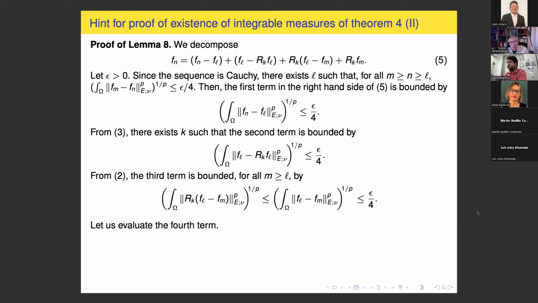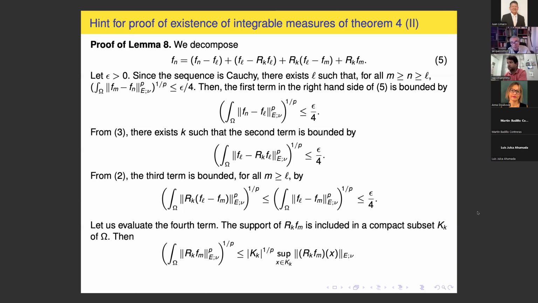And for the fourth term, we use that the support of Rk of Fm is included in some compact subset, because k is given. And the integral of Rk of Fm is smaller than the measure of Kk, which is the support, times the sup of Rk of Fm.